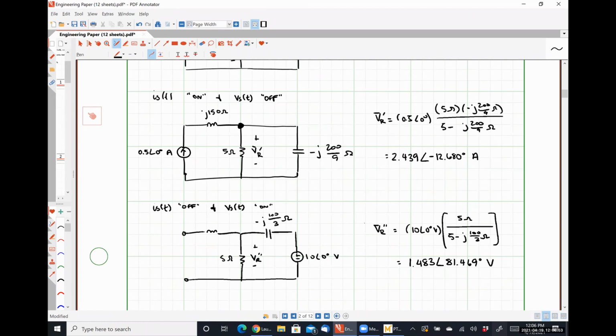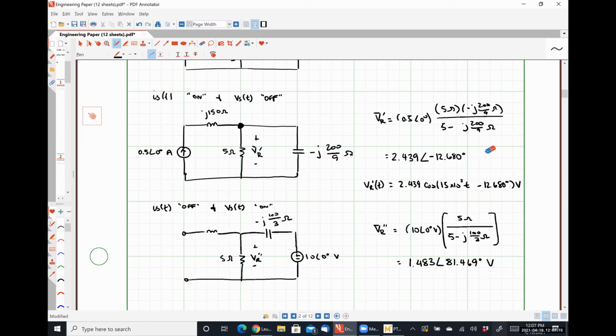So VR prime as a function of time is 2.439 cosine(15 times 10 to the 3 t minus 12.680 degrees) volts.